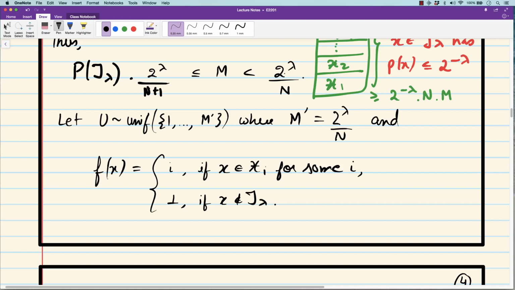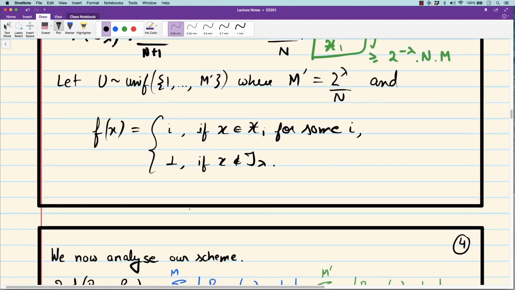Note that m is less than or equal to 2 to the power lambda by n. Therefore, m plus 1 is less than or equal to the ceiling of this, which is less than or equal to this plus 1. That's something we'll use. So when you fall in this ith part, you declare i. If you fall outside this set T, so these parts together form the set T, then you declare an error, or you call it something else. I'm calling it bot, for an error symbol.